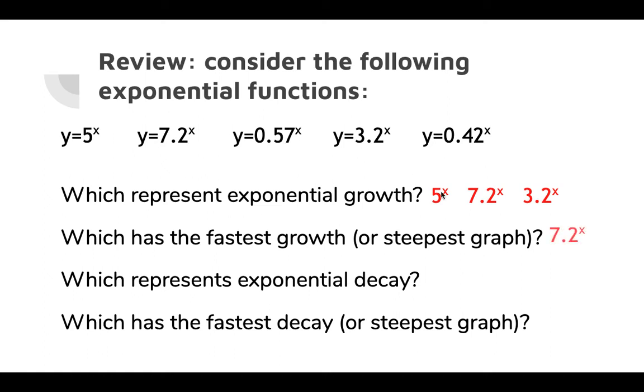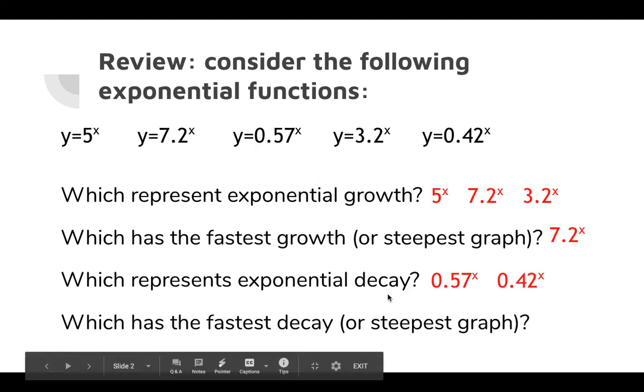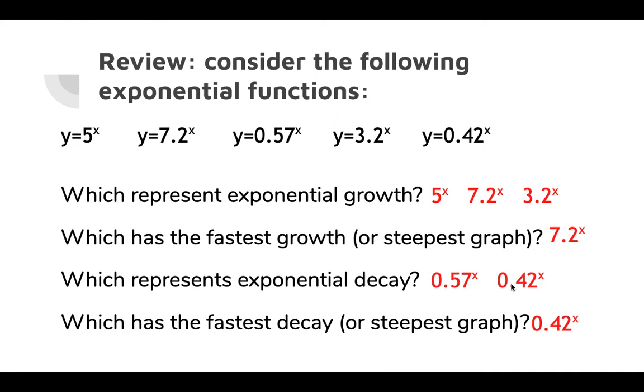And the fastest growth is the one that has the biggest number. And decay are the ones that are between 0 and 1. So it's a decimal or it's a fraction. And the fastest decay is the one that's the smallest of the two. And so that would be 0.42. So we did that last cycle, but I know it's been a very long time since that, so that's why we're going over it again.